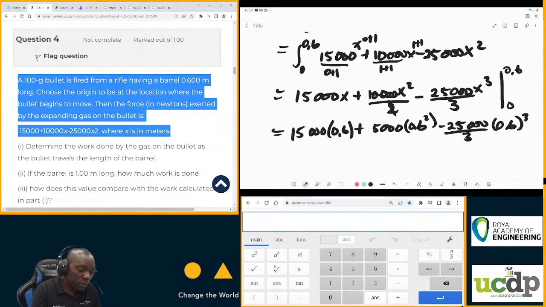15,000 times 0.6 plus 5,000 times 0.6 squared minus 25,000 over 3 multiplied by 0.6 cubed.